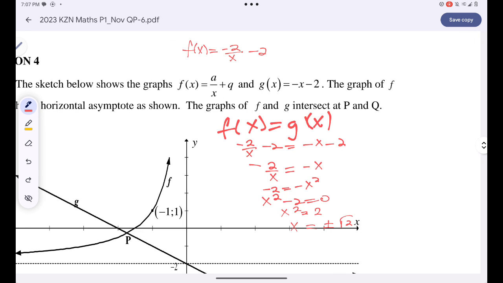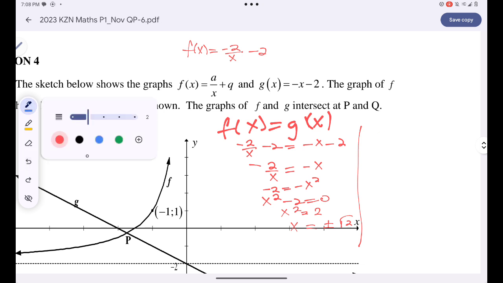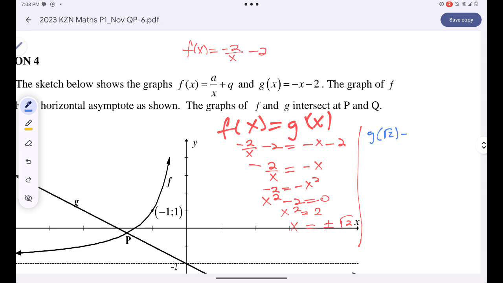So the corresponding y value will be g of the positive square root of 2, and then g of negative root 2. So negative root 2 minus 2, which is positive root 2 minus 2.